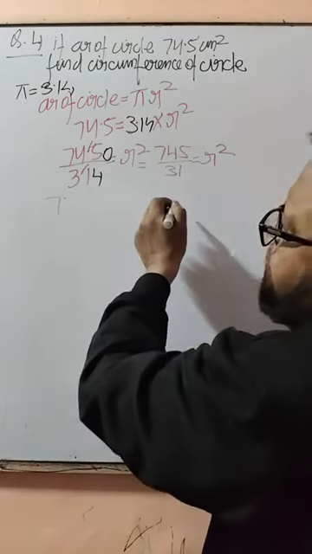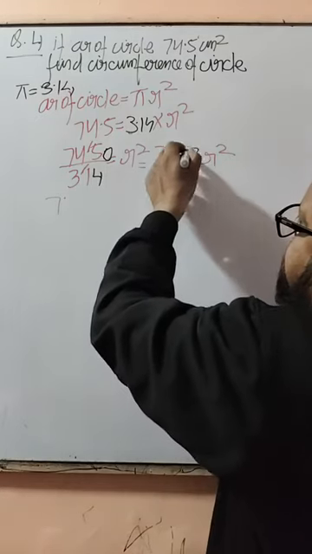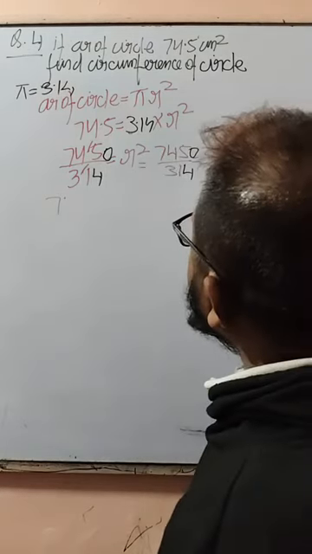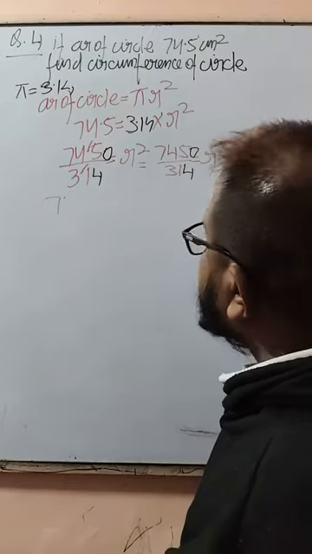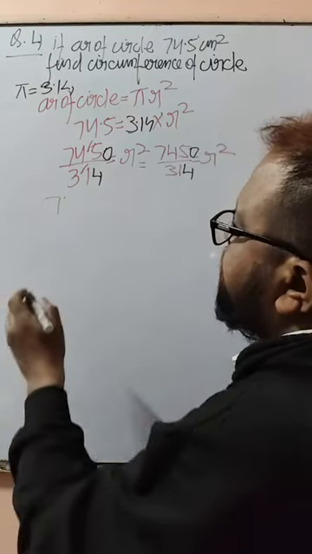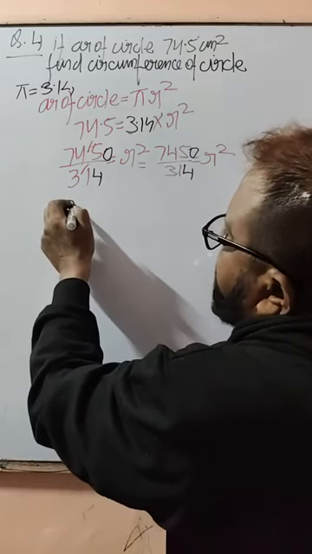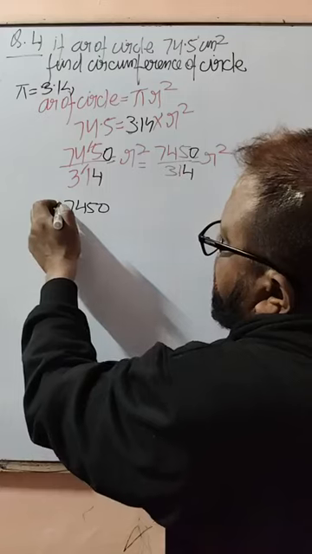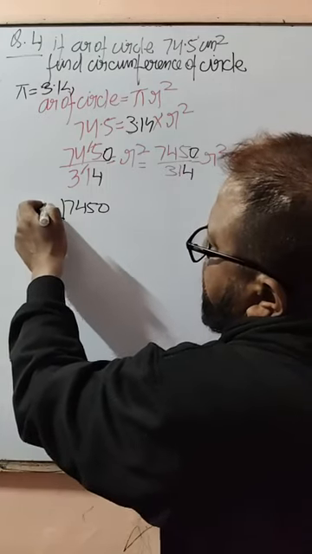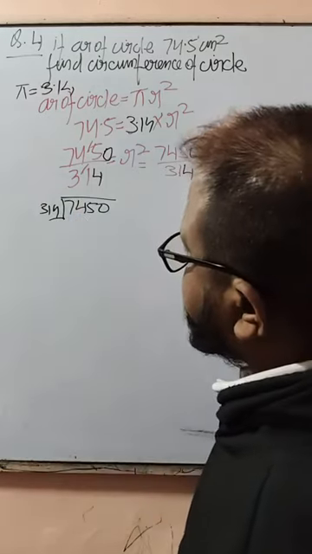So there is 314, and this is 7,450 divided by 314, right? So now 7,450 divided by 314. How much do you get?